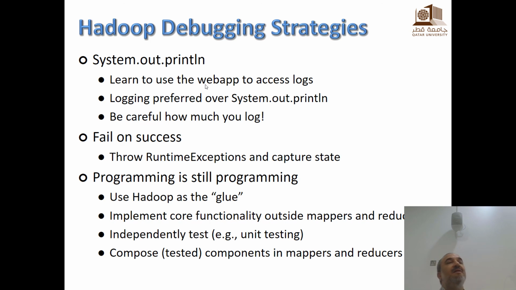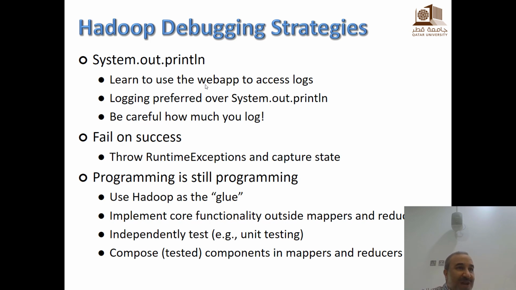As usual, try to be modular. You don't have to put all your code inside the mapper and the reducer, in the map function and the mapper and reducer classes. You can, of course, implement some functionalities outside these classes, as usual.